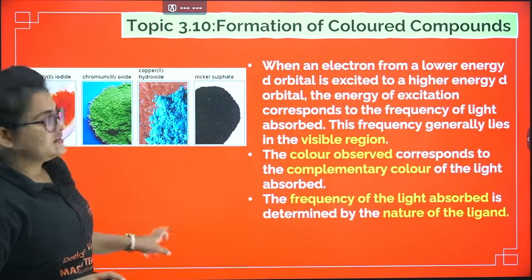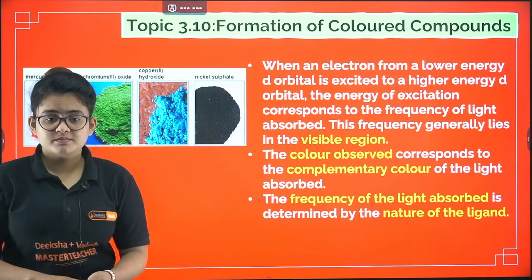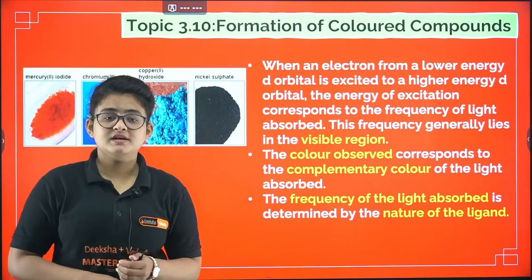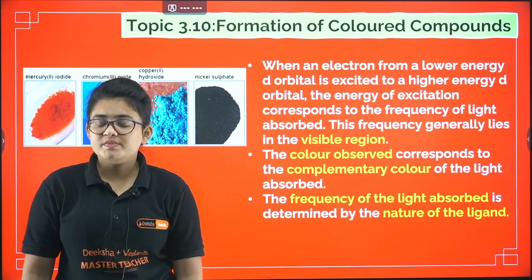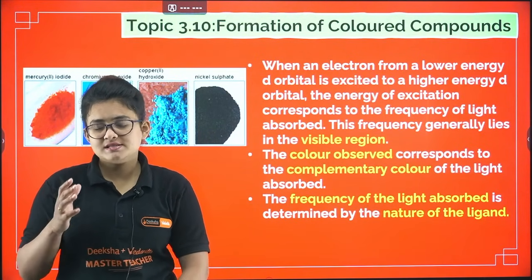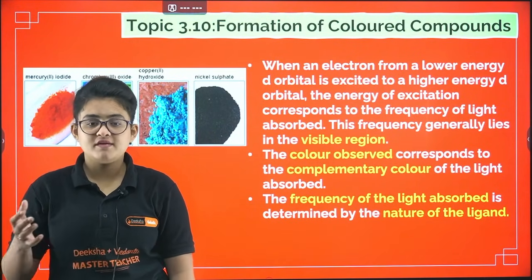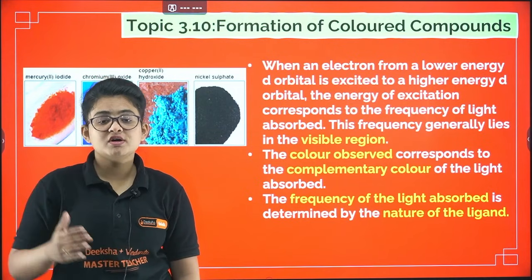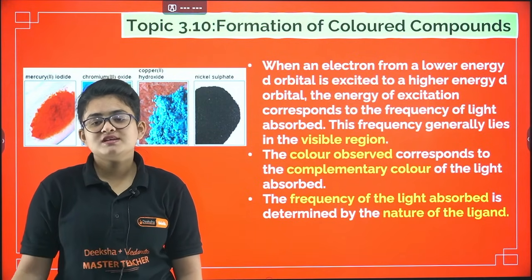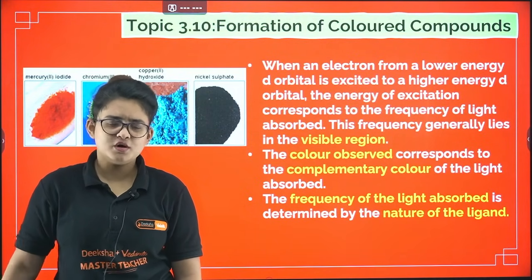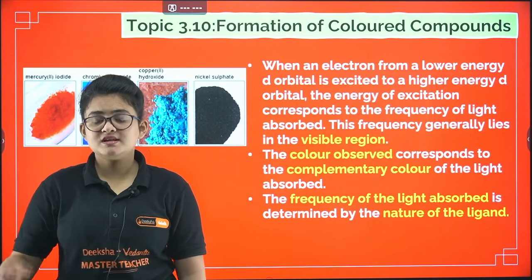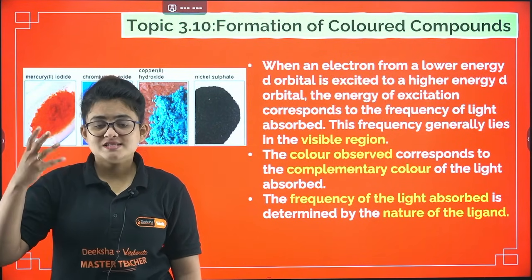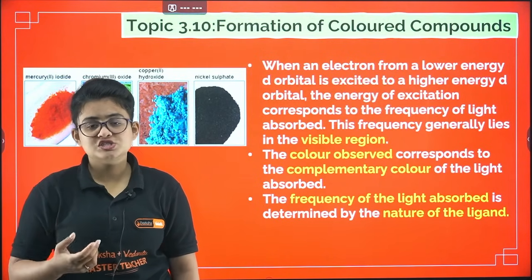Next, color. The main property that we observe for transition elements is different colors. What happens basically, in the case of transition metals, we have d to d transition. In crystal field theory, which you must have learnt in coordination chemistry, the d orbital gets split into t2g and eg orbitals.